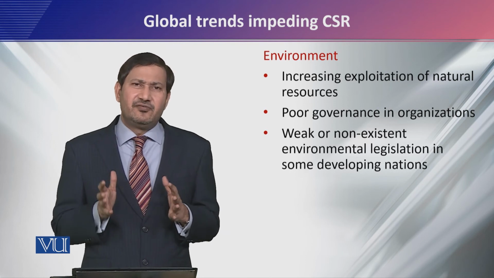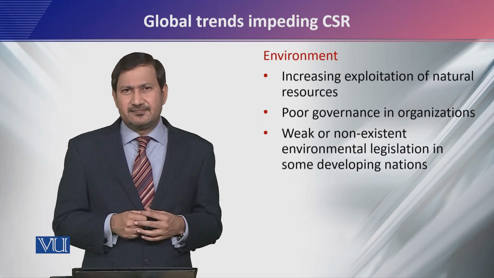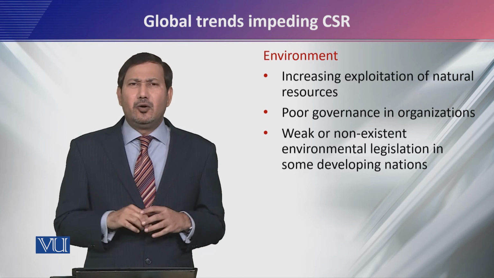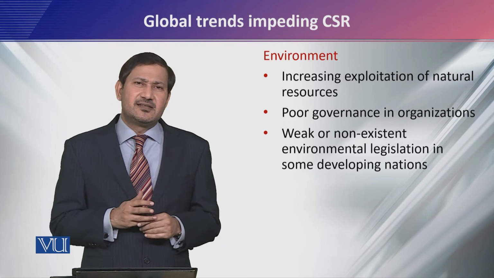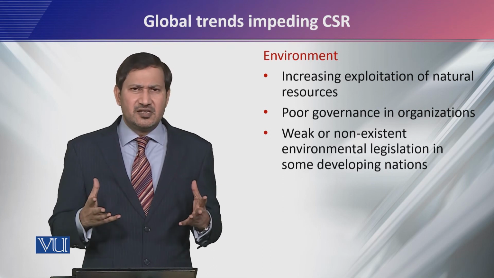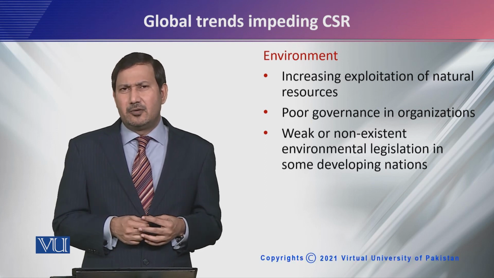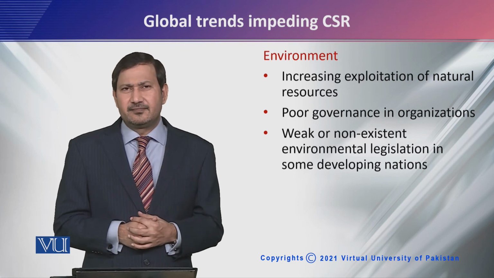Lack of existence of law is also impeding how corporations and organizations should behave. So overall, the demographic factors, the environmental factors, and global poverty are impeding different organizations in different ways to implement or think about corporate social responsibility in the most effective way. Thank you.